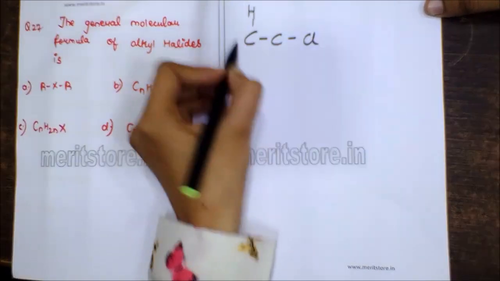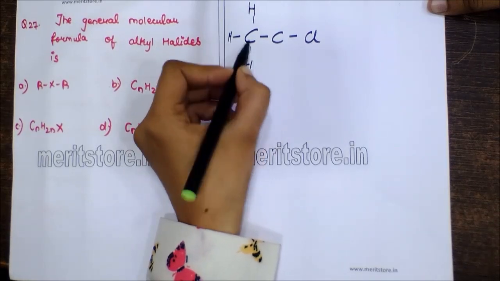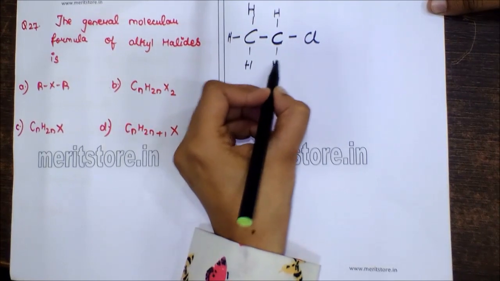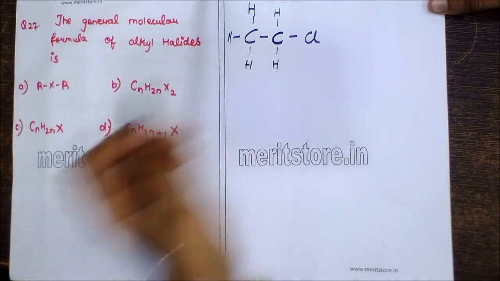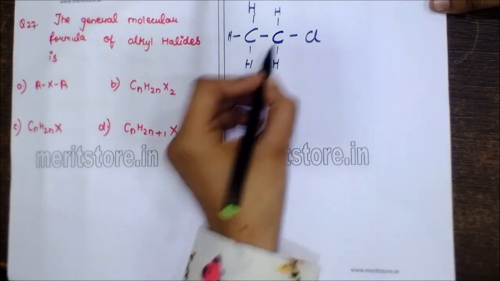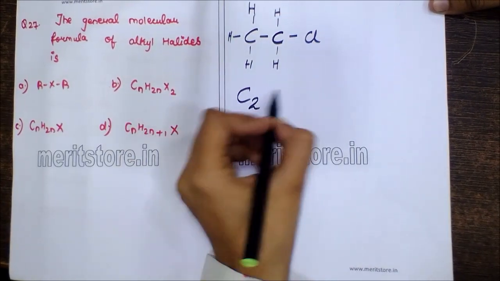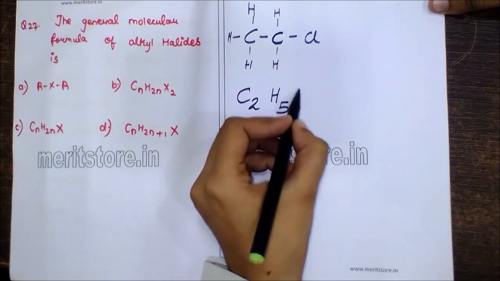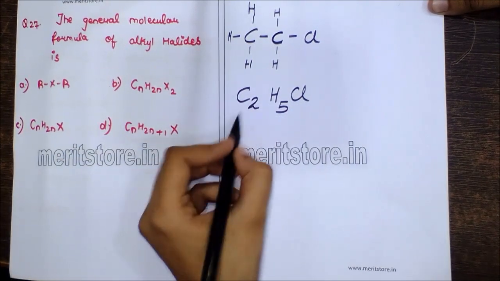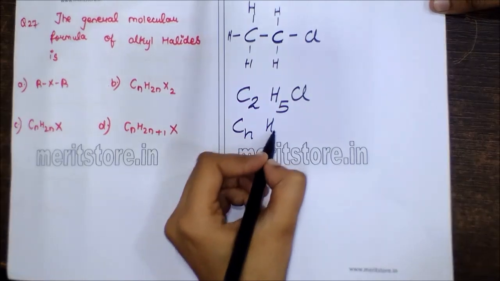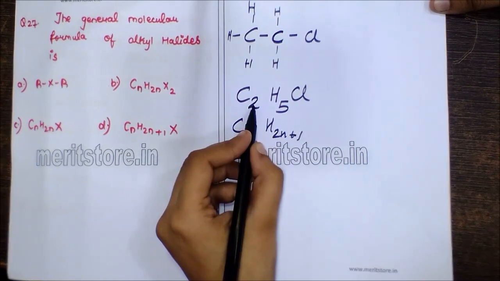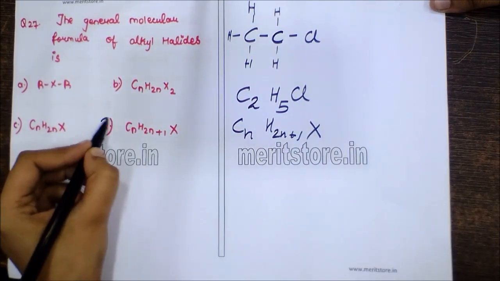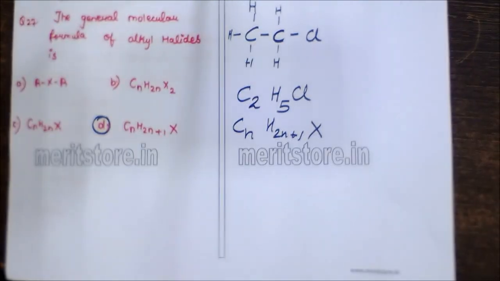There is one carbon attached to 3 hydrogens, and the other carbon is attached to 2 hydrogens and a chlorine. Now when you calculate, this is C2, H 1, 2, 3, 4, 5, and this is Cl. So this will be Cn, H2n+1: 2 into 2 is 4, plus 1 is 5, and X. Option D, CnH2n+1X is my correct answer.